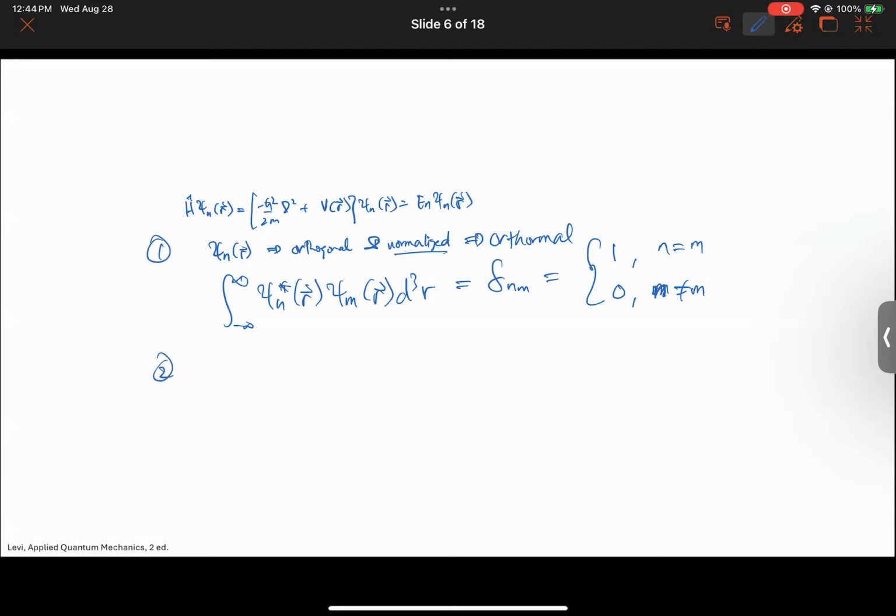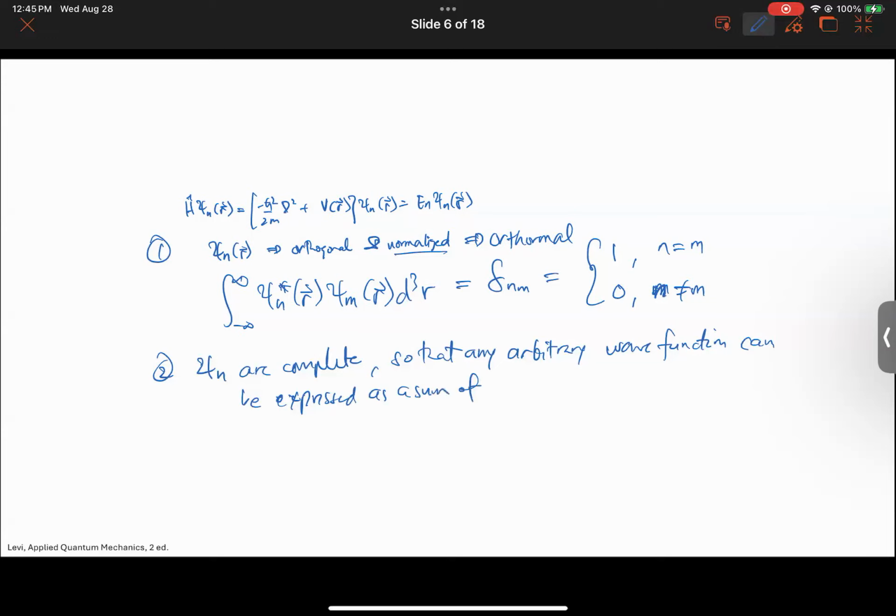Furthermore, these orthogonal wave functions are complete, so that any arbitrary wave function can be expressed as a sum of orthonormal wave functions weighted by coefficients A sub n.